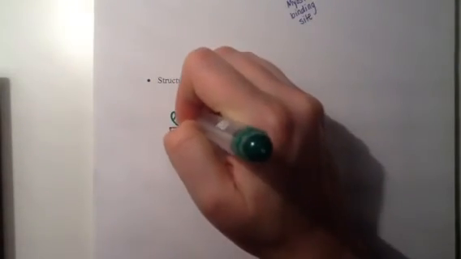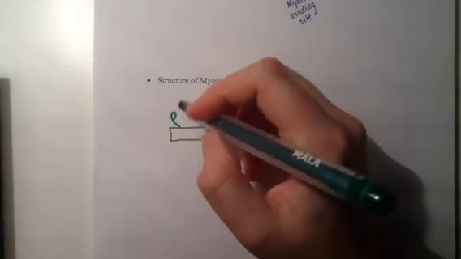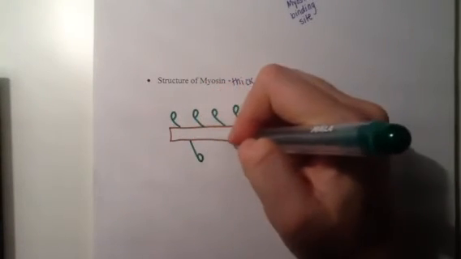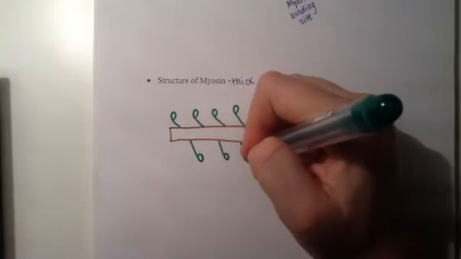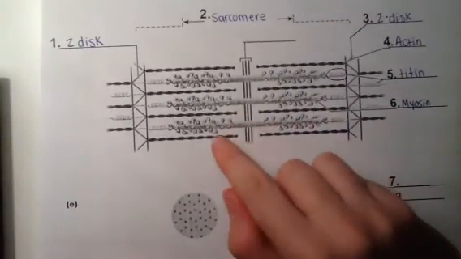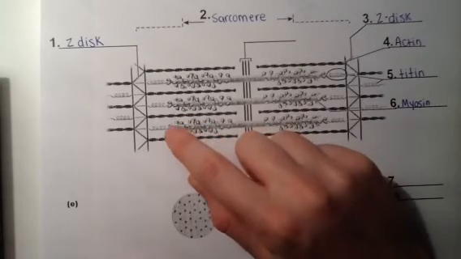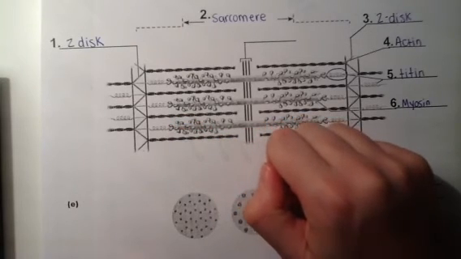They look kind of like this, and they're on both sides of the myosin compound. If you go back to your picture of the sarcomere, you can see the myosin filament and all of these myosin heads, the little golf clubs on the filament.